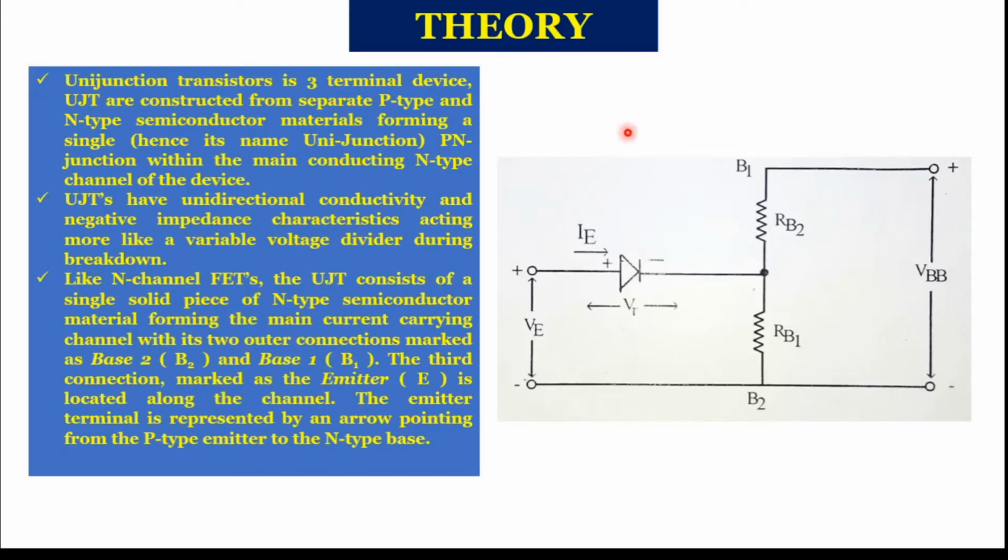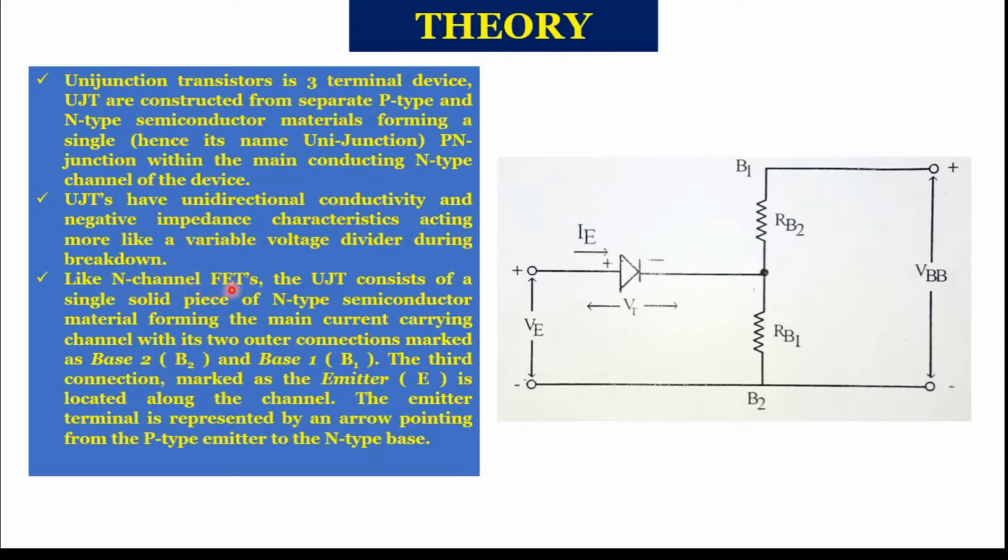Circuit diagram of uni-junction transistor is shown here. UJT have unidirectional conductivity and negative impedance characteristics acting more like a variable voltage divider during breakdown.